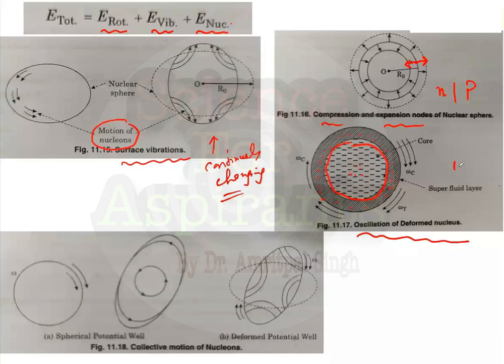He has found that the circular frequency of the core nucleons is less as compared to the valence or outermost nucleons. So there is something like deformation, something like surface vibration, something like compression and rarefaction, which is happening due to this motion of neutrons and protons.